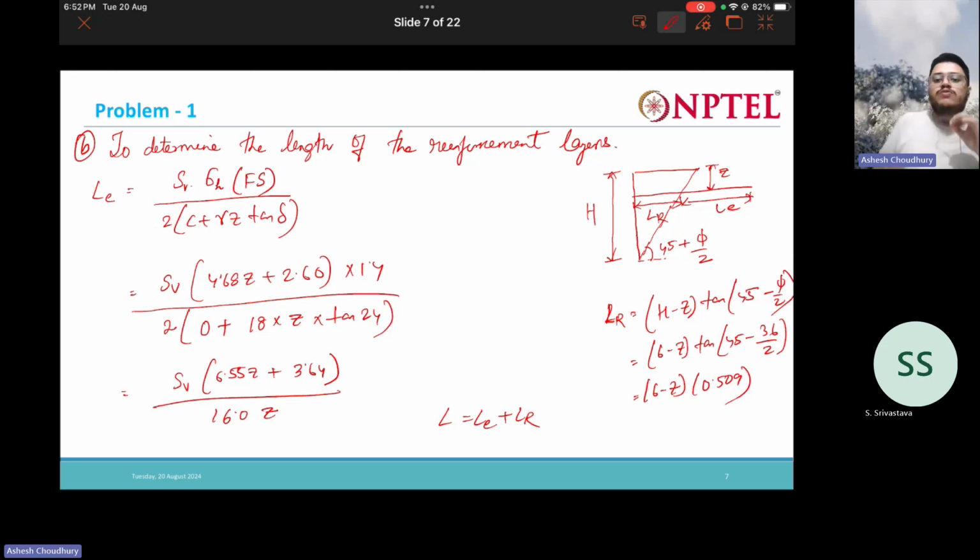So for that, we'll prepare it in a tabular format. How to prepare it in a tabular format? Let me show you.